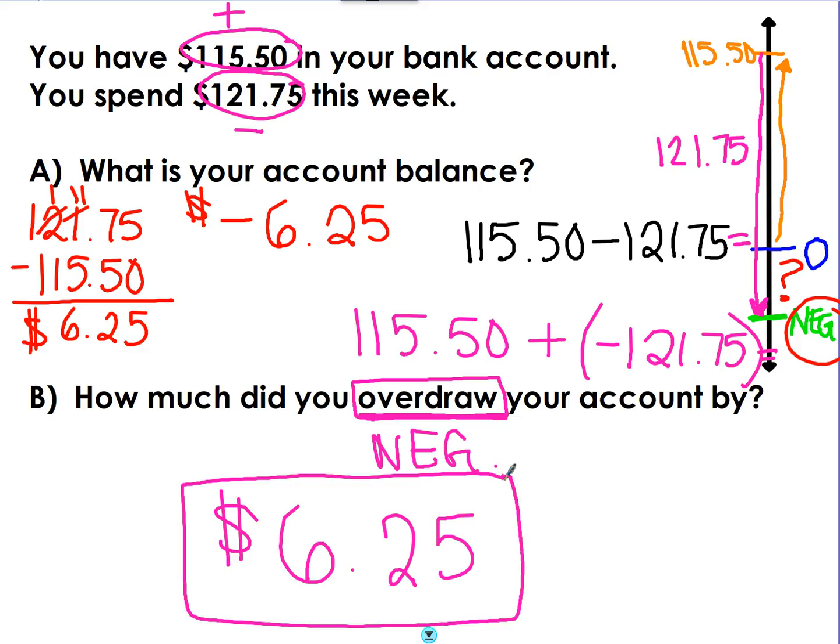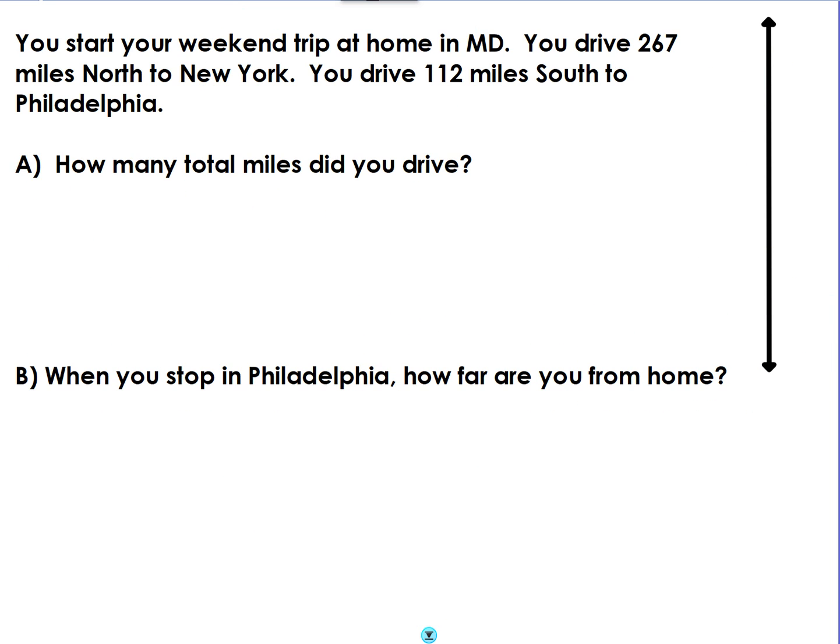Okay? The wording is a little bit different. Finding the actual balance means if it's negative, I need to use the negative. If they're already telling you it's negative, then you have to use the absolute value, which is the positive $6.25. Let's look at the next problem.